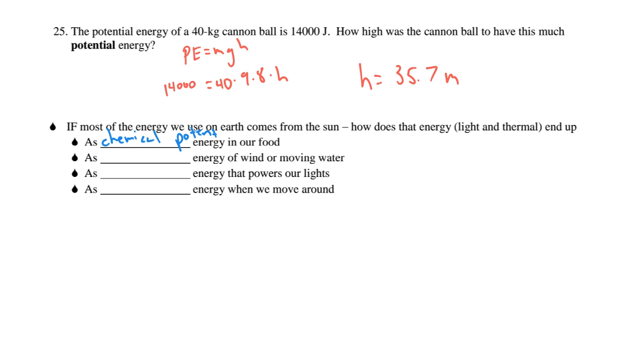You could just say chemical energy, because all chemical energy is chemical potential, but this is, I guess, more precise. As blank energy of wind, so that'd be just kinetic energy of wind or moving water. I think it actually probably just wants potential kinetic.